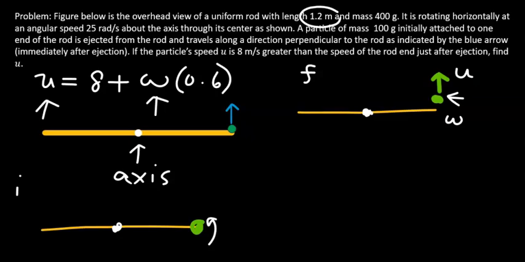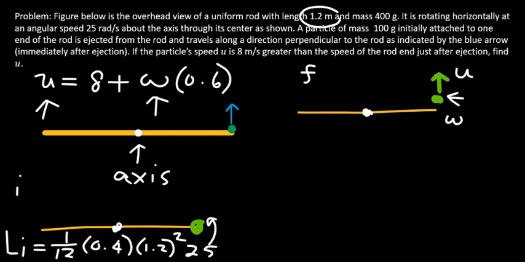So let's calculate the angular momentum of the system in its initial state. The first is the rod. The moment of inertia of the rod is 1/12 times its mass, which is 400 grams, so convert that into kg, times the length of the rod, which is 1.2, square that, times the initial angular speed of that system, which is 25 radian per second.